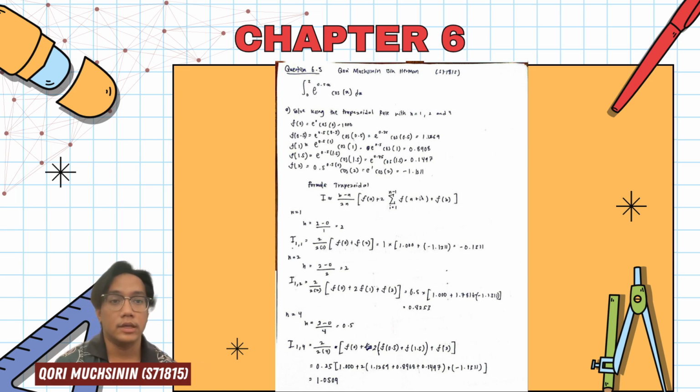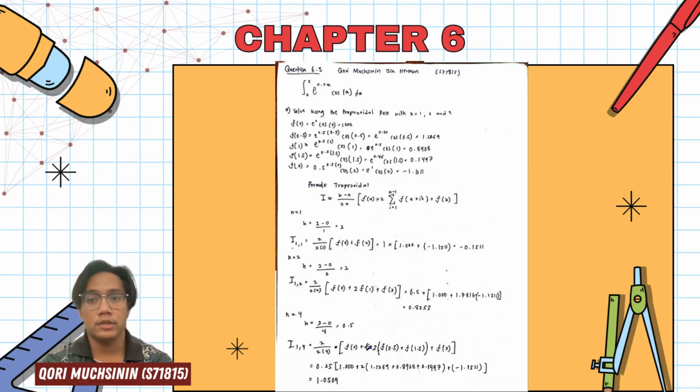First, we apply the multi-segment trapezoidal rule. We start broad with a single segment where n equal to 1. This rough estimate yields a value of negative 0.1311.